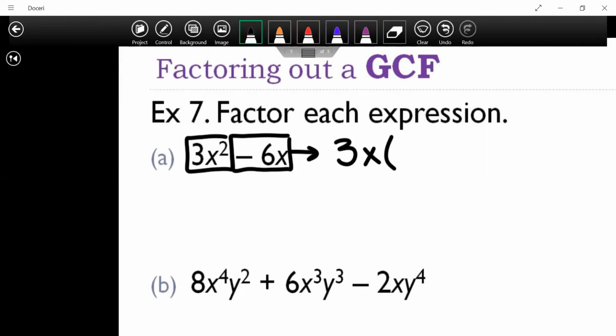We can rewrite this as 3x and minus 2, the remaining. All we're really doing is pulling out the GCF. You should remember how to do this.